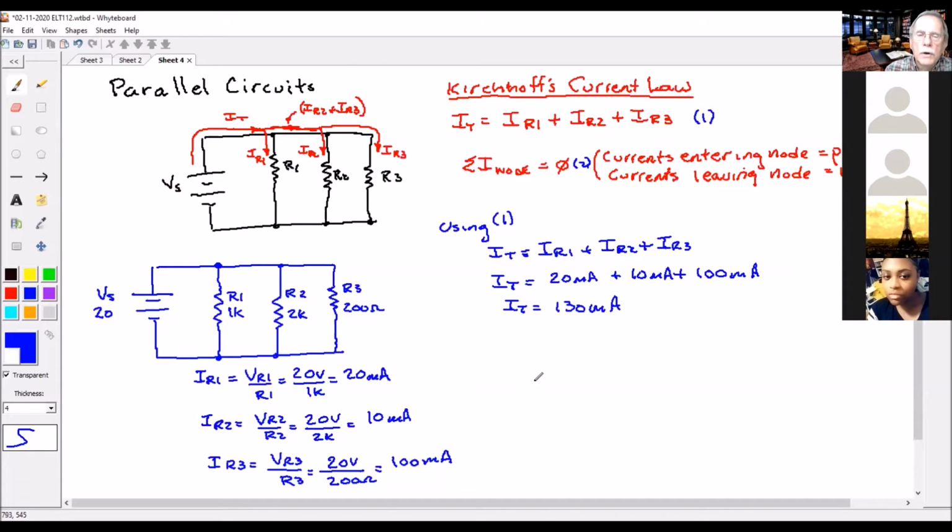The second form, and I want to do a problem with that. So what we're saying is that this current is 20 milliamps. This current is 10 milliamps. And this current is 100 milliamps. Now remember last time we drew the node and we said we go alongside the wire till we get to a turn, we turn.